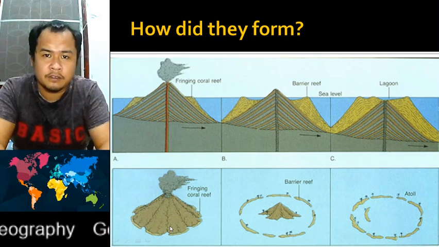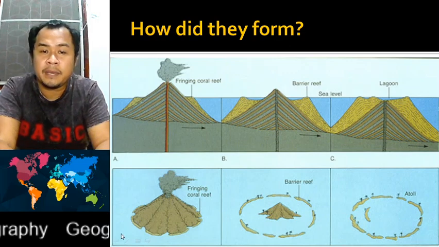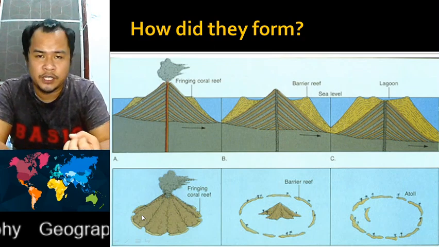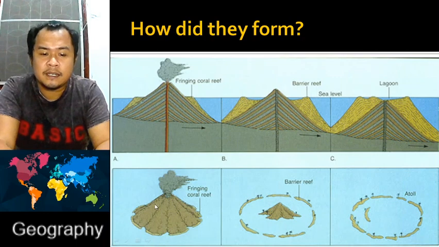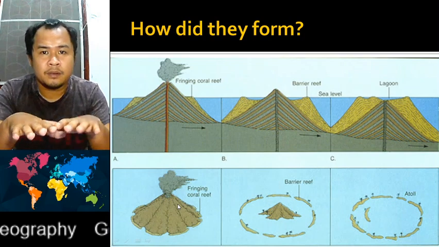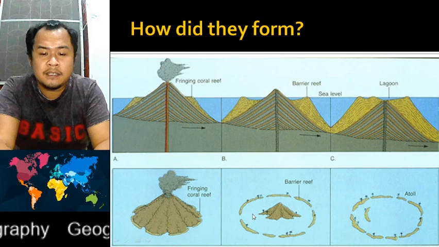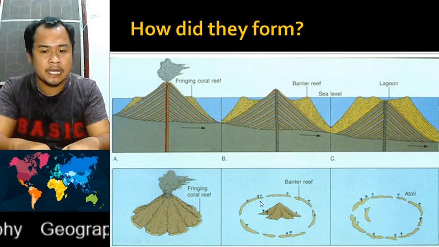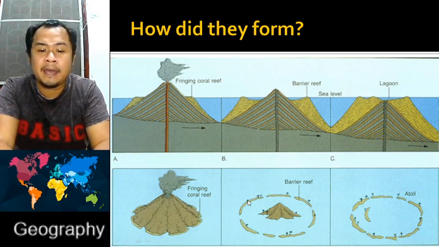A fringing coral reef again is touching the mainland itself. However, after many years of erosion and the movement of the tectonic plates, this mainland may disintegrate, or it may go deeper, it may be eroded, and it creates a body of water around the land as it goes sinking. So the previous fringing reef will become a barrier reef.